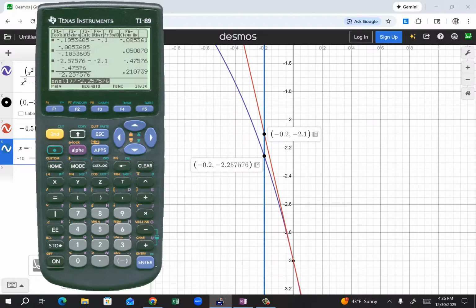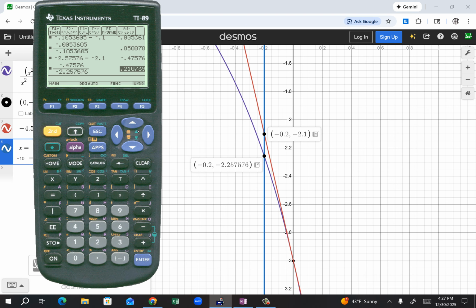Is that right? No, it's 2.25. Let's try it again. Divide by negative 2.25, and you get about 7%.